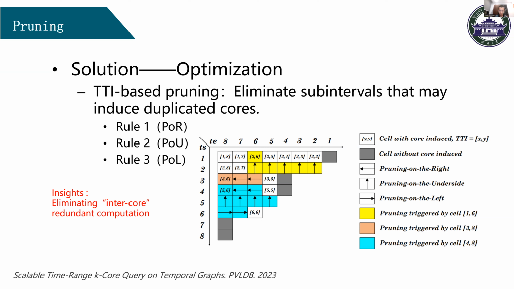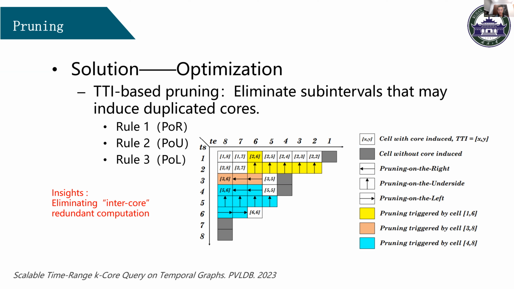For example, when the interval 3.8 is enumerated, it has TTI as 3.6. Since 6 is less than 8, the POR is triggered, and the two intervals that follow will be directly skipped. And similarly, the POU will skip a lot of cells below the current row.